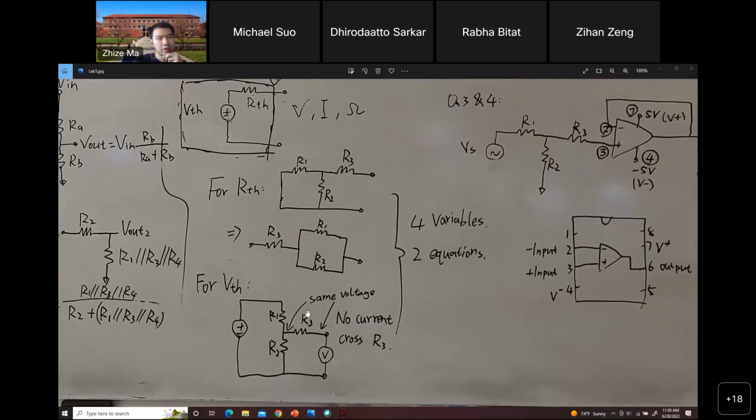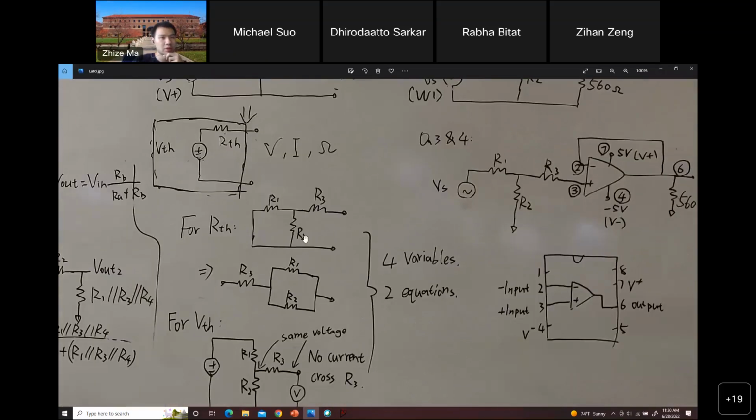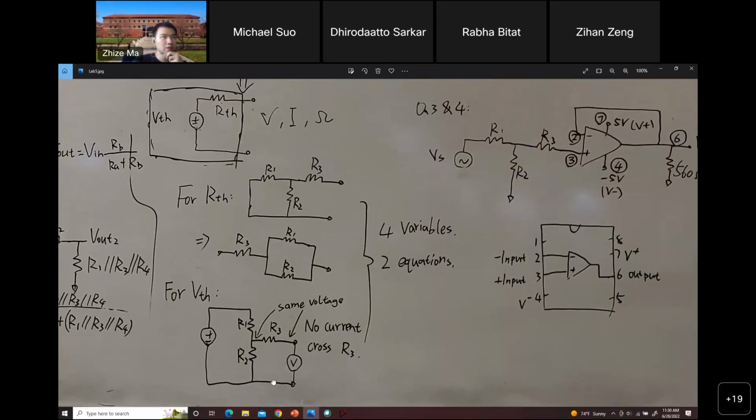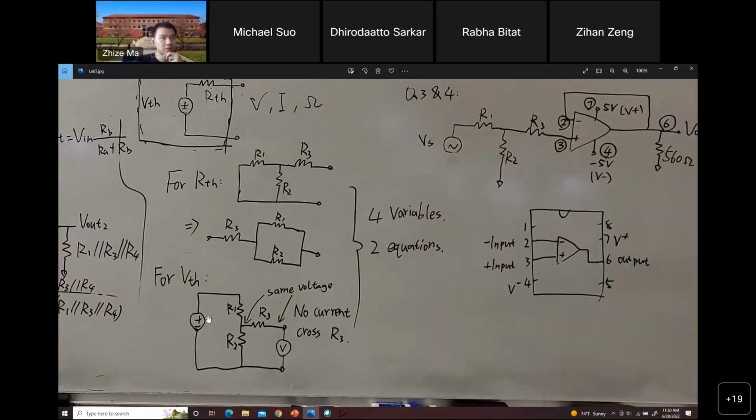Okay, so that's RTH. And right here, this is the VTH. Which means when you still have this circuit right here and you put a voltmeter right here, you should measure 2.5 volts here. This is exactly the same circuit, but I just drew it this way for easier understanding.